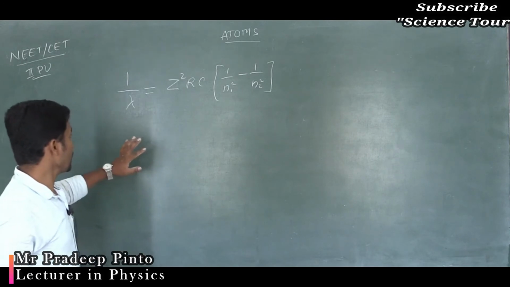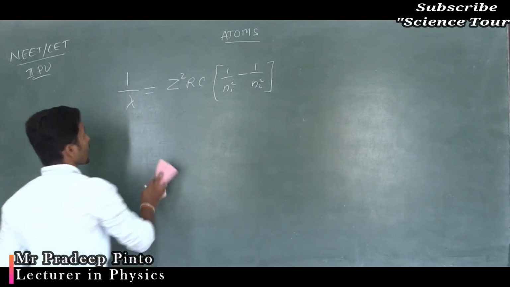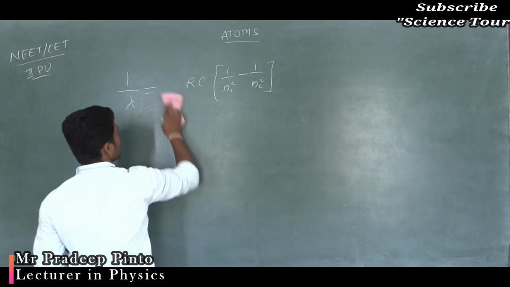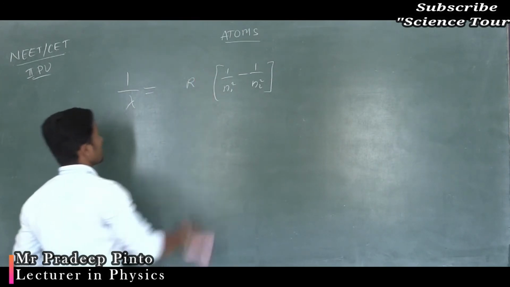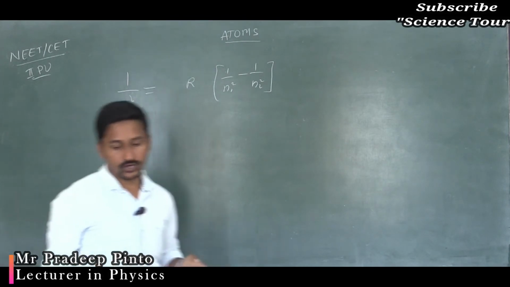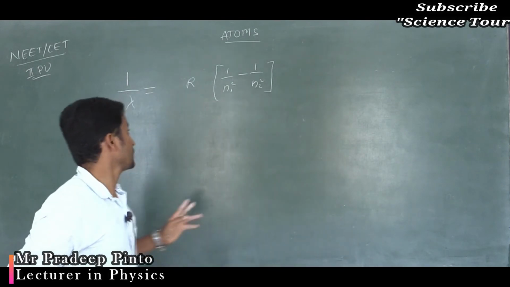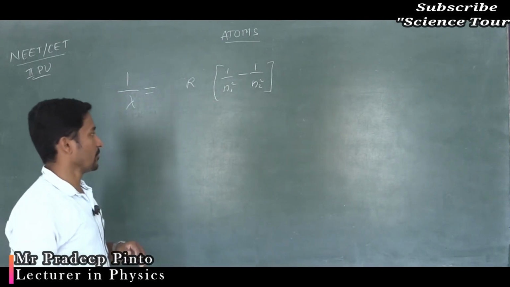This is the general formula, but Z square for hydrogen we are going to take as 1, so that we get only R. That R is the constant.